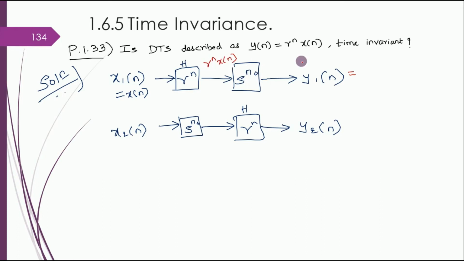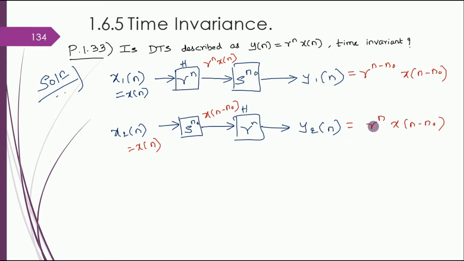Replace n with n minus n naught. This will result in r raised to n minus n naught x of n minus n naught. This is what we get. And here, for the same input, what happens first? x of n minus n naught is shifted already. After that, I am applying the system operator. So what do you get? You get r raised to n x of n minus n naught.